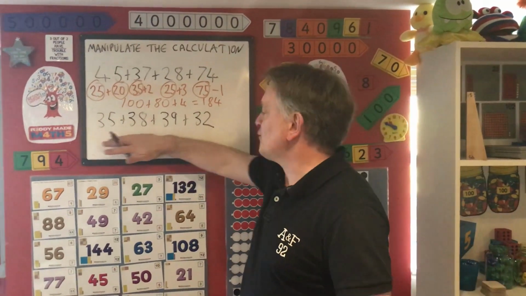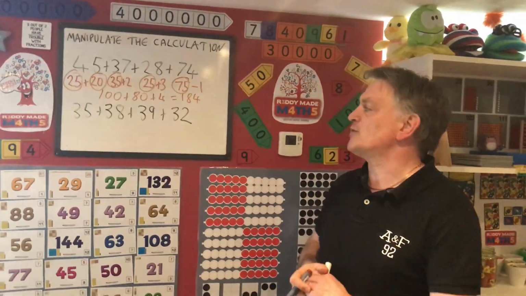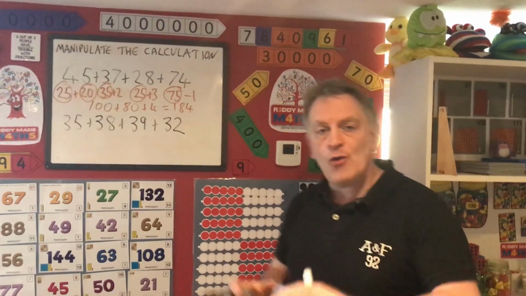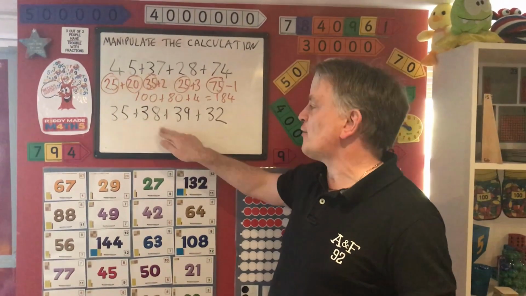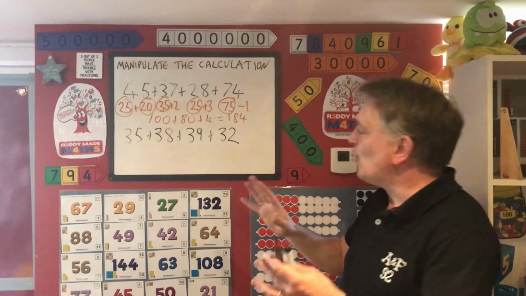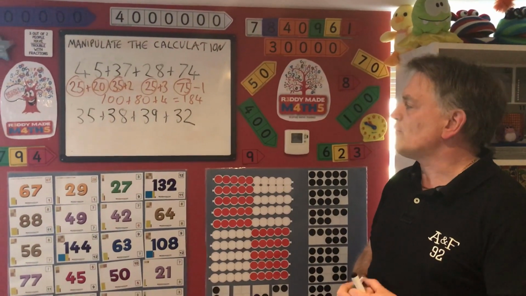What I then want to look at, just to finish this part of the section, is this calculation. 35, 38, 39 and 32. We did double and adjust the other day, where we would have done 35, add 35, add 3. Or 35, add 35, add 4. What I want to do now is see, can I make 35s out of those numbers?